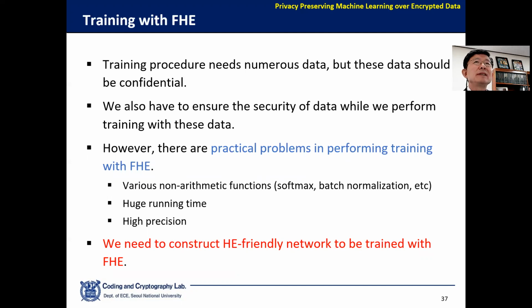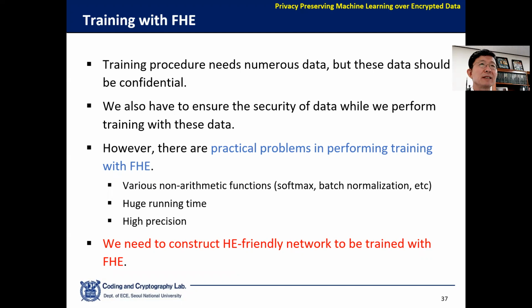Training with the fully homomorphic encryption. Training procedure needs numerous data, but these data should be confidential. So we also have to ensure the security of data while we perform the training with these data. However, there are practical problems in performing training with the FHE.